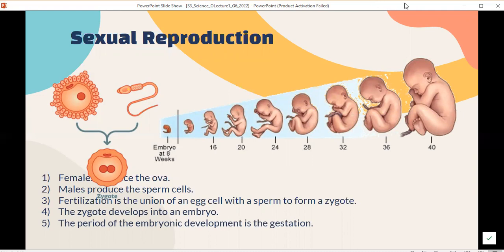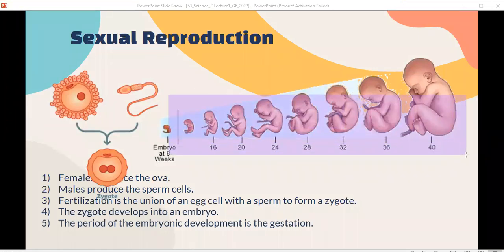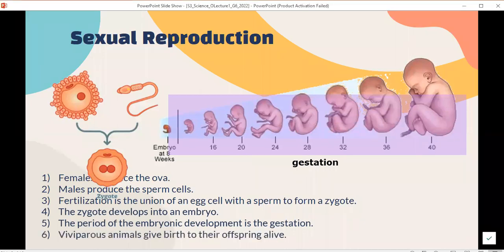The duration, or the time during which the baby is growing, is called the gestation period. The gestation period is 9 months for people, and it depends on the species, so it is different between mammals.